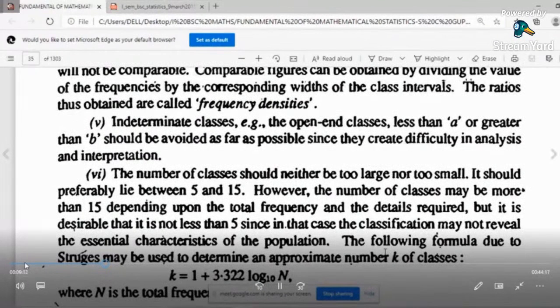Another point is that indeterminate classes, that is open-ended classes like less than A or greater than B, should be avoided. If the class is like A to B, we should include A and B in that class.